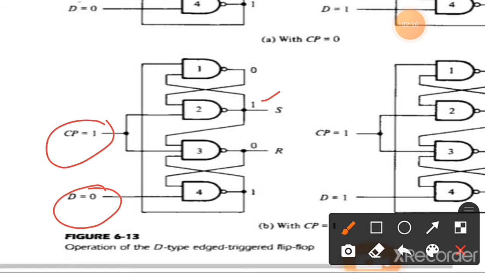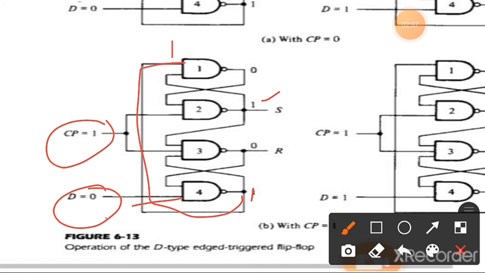Then the flip-flop Q goes to 0. Here D is equal to 0, so any one of the inputs of gate 4 is 0, then the output becomes 1, and this 1 is going here.